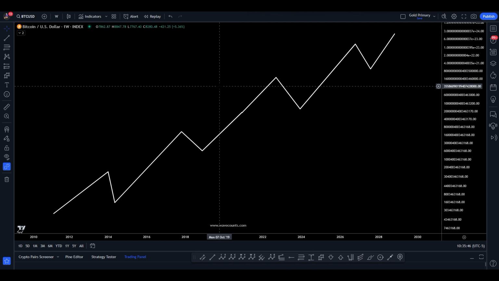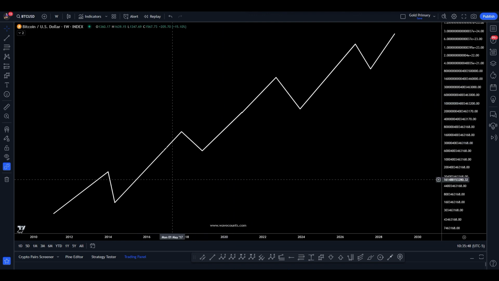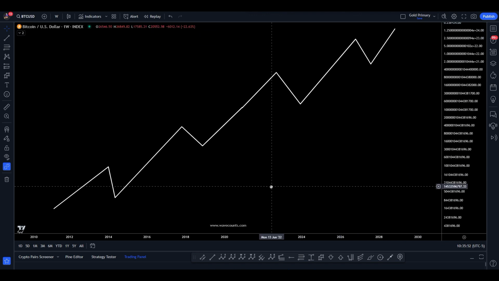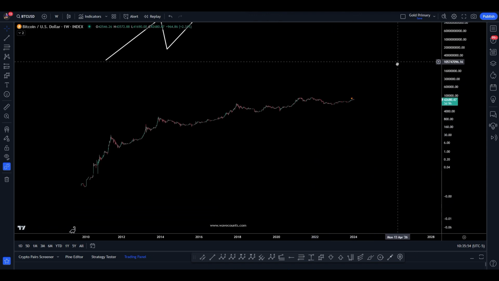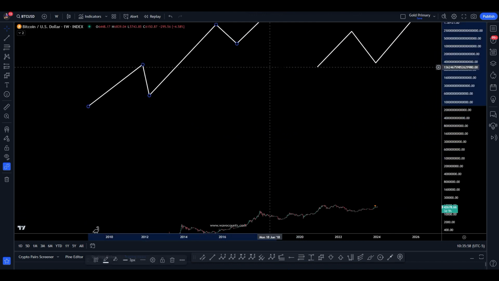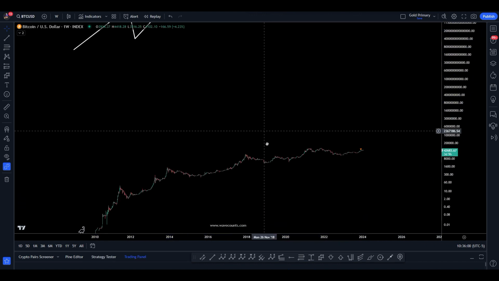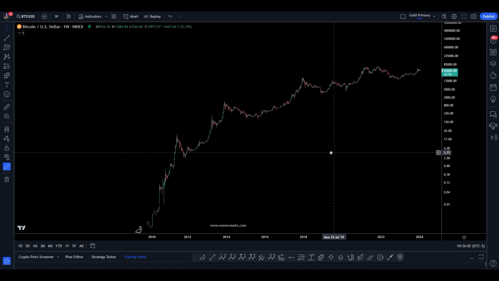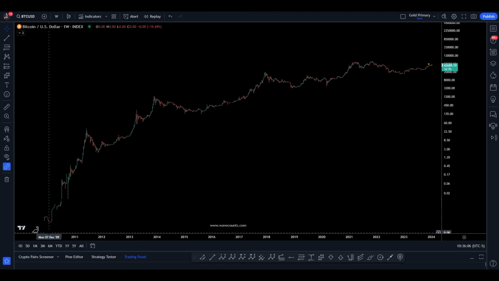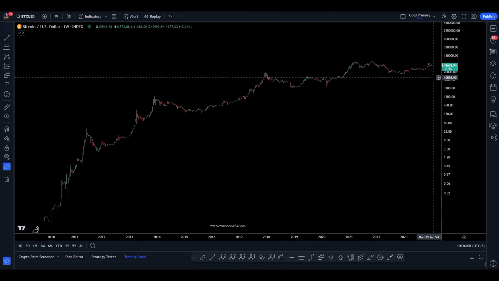Okay. And it's important why I bring that up. Now that we see this structure, right? Here's a 9-wave structure, right? Now we can go back to the Bitcoin chart. Let's move this well out of the way here. Let's go back to the Bitcoin chart. And we can start counting the big rocks.